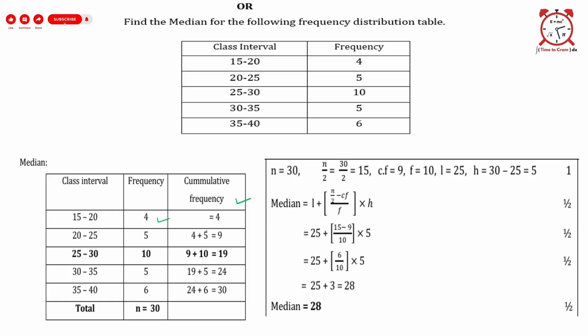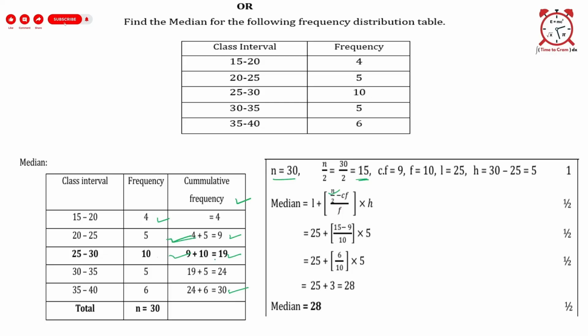So next frequency, 4 plus 5 equal to 9. This 9 will be added to 10, so 19. In that way we will get the last frequency, n equal to 30. So n by 2 equal to 30 by 2 equal to 15. So 15 will not be included in this class.